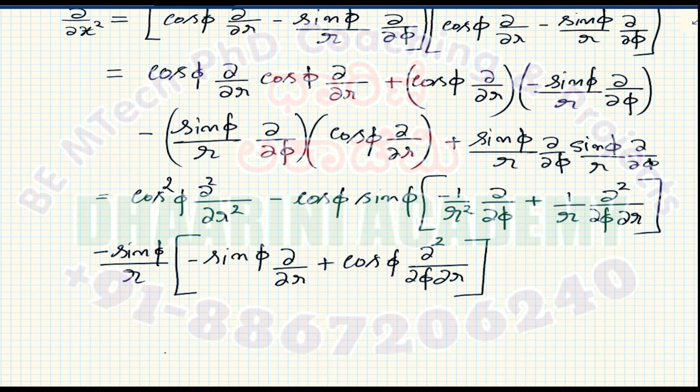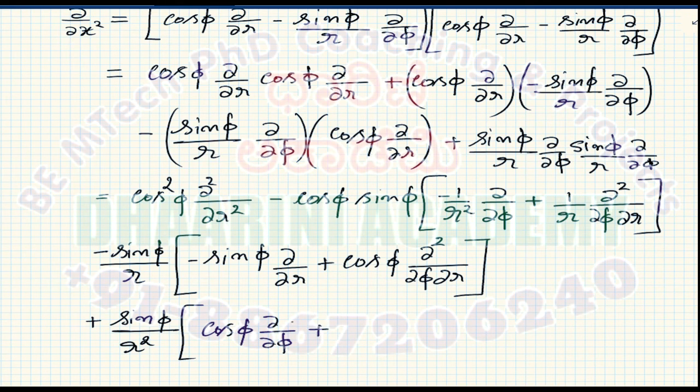That is plus sine phi by r squared is what I'm going to take it out. Then apply dou by dou phi of sine phi is a cos phi dou by dou phi.